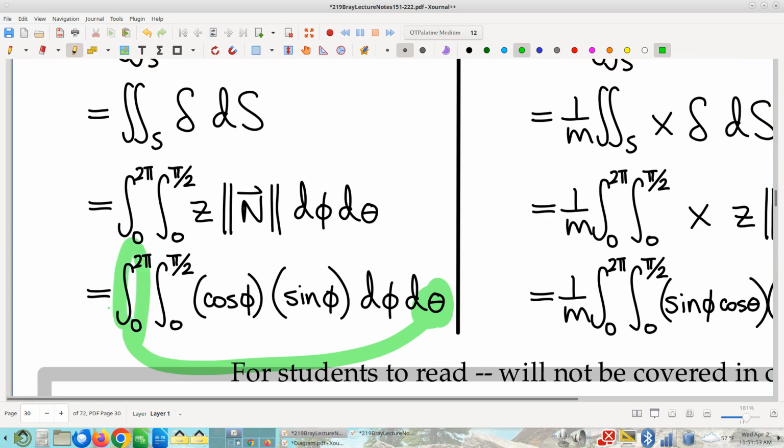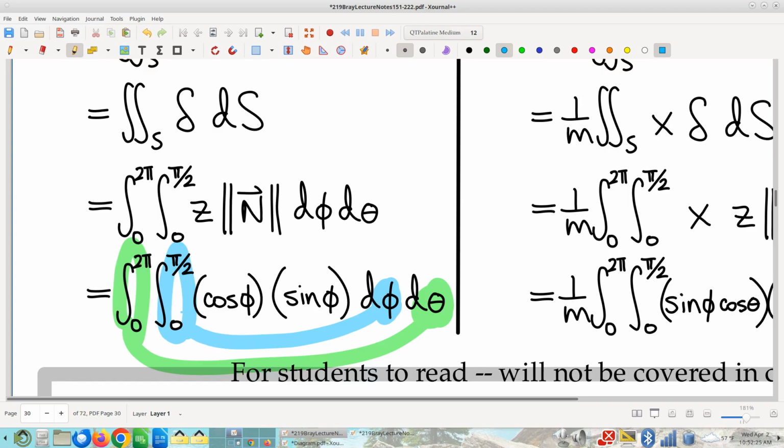And then, thinking about just the top half of the sphere, phi starts at 0 going straight up, and phi just goes down to the equator, where phi is pi over 2. And so phi goes from 0 to pi over 2. So that's how we indicate the top half of the unit sphere. How are we doing? That make sense to everybody?